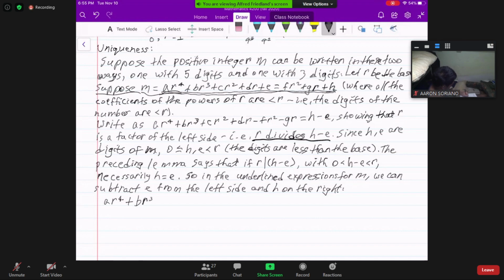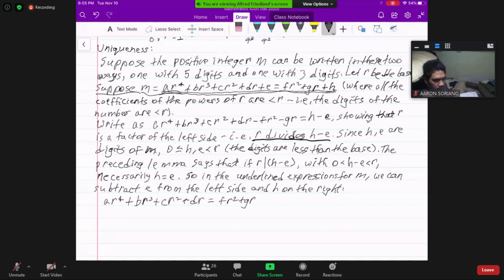So for M up here, we have AR to the fourth plus BR to the third plus, this is what's underlined, CR to the second plus DR. And so we've gotten rid of the E. And so we're just left with FR squared plus GR on the right.